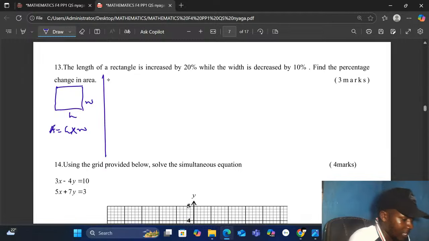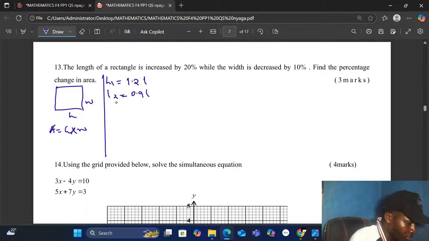L1 will be equal to 1.2 L. We assume it's 1, so 1 plus 20% will be 1.2 for the length. Then W2 is reduced by 10%, so it will be 90%, so we have it as 0.9 W.